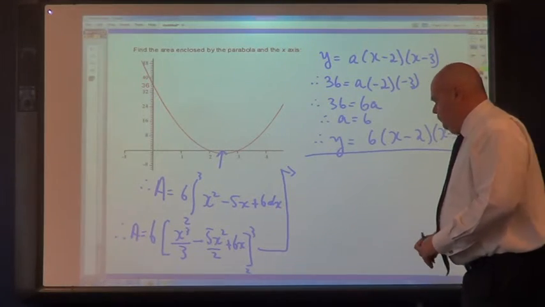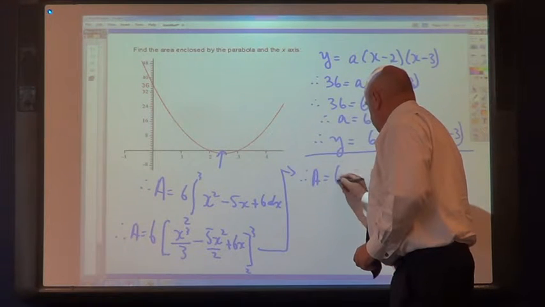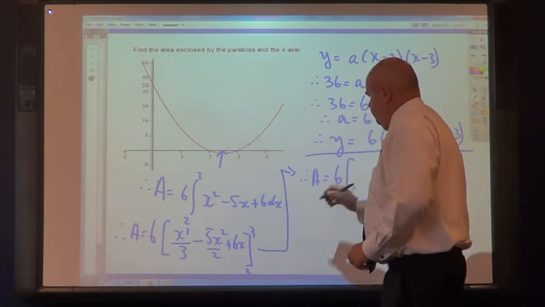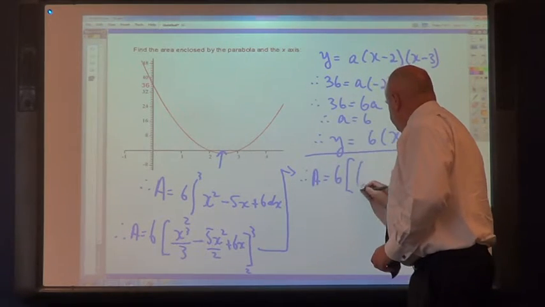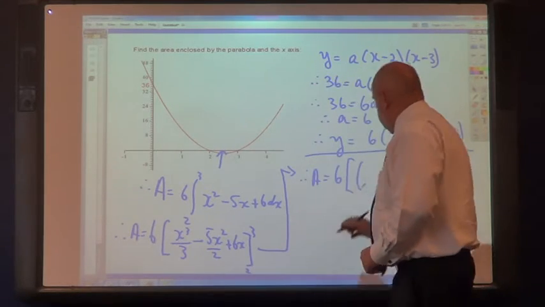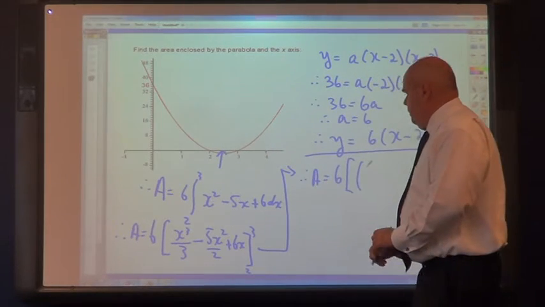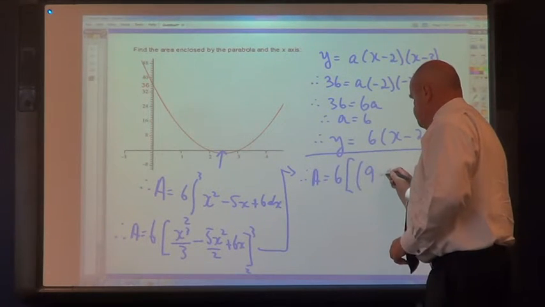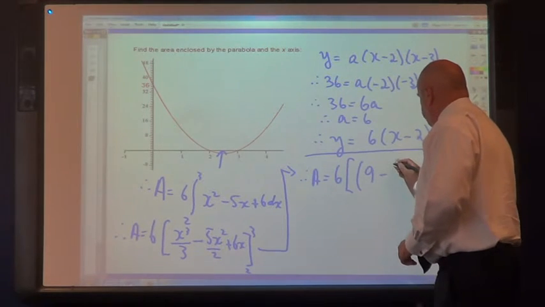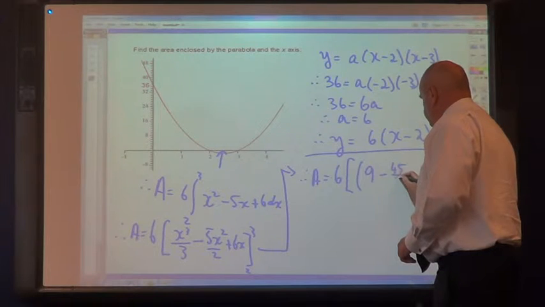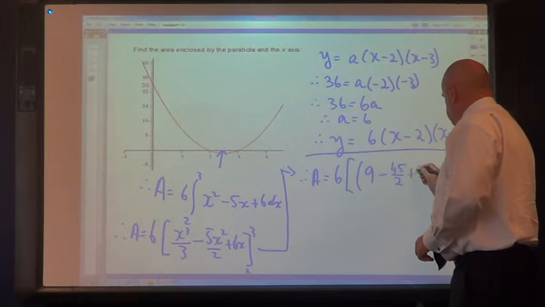So the area equals 6 times, I'll use round brackets here, 3 cubed is 27, divided by 3 is 9, minus 3 squared is 9, 9 fives are 45, so 45 on 2, and 6 threes are 18, plus 18.